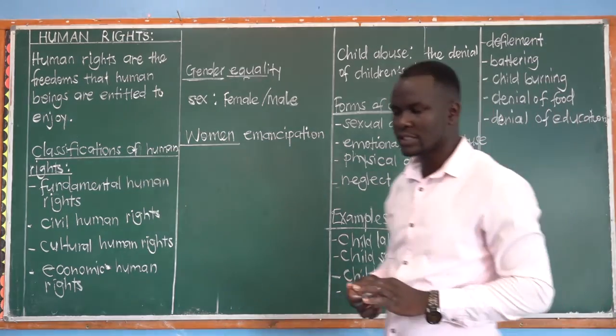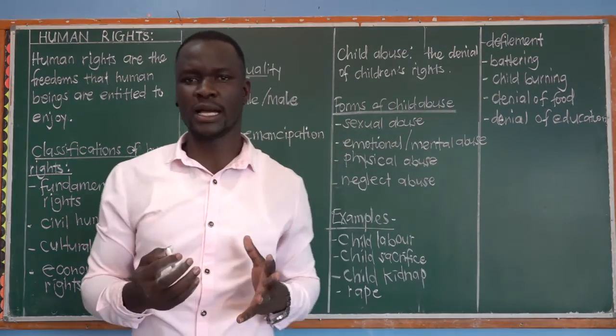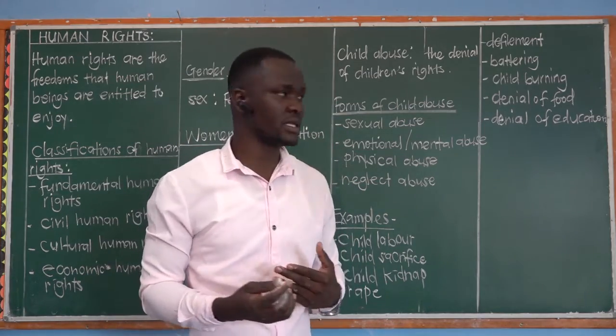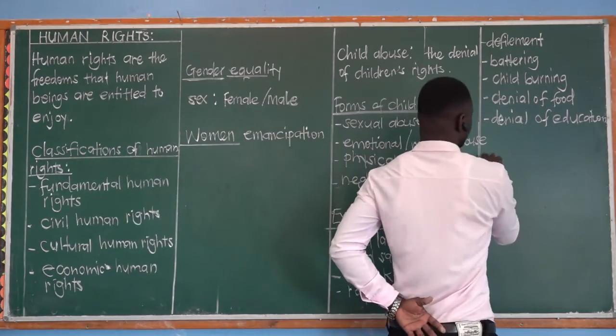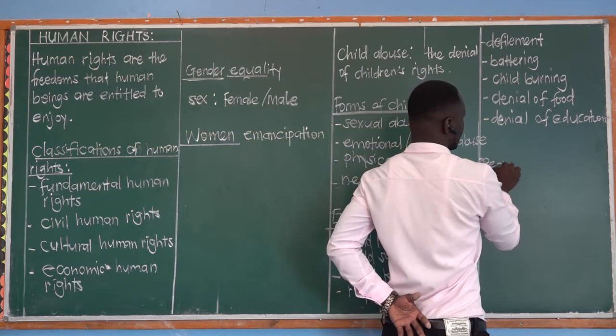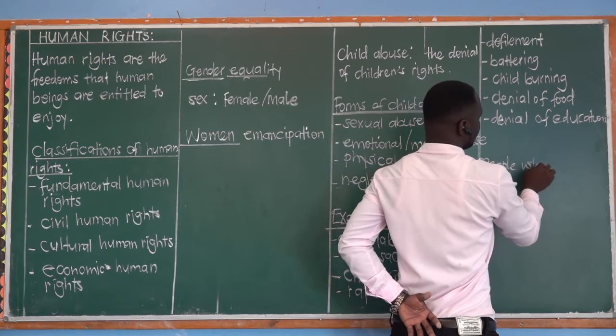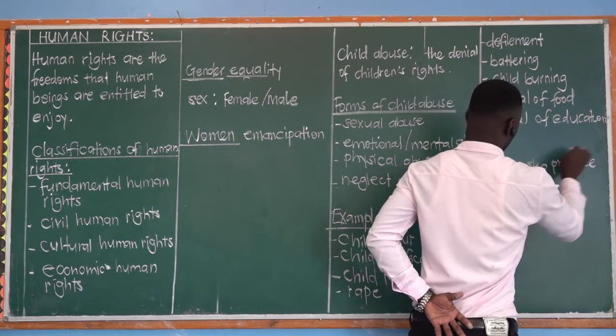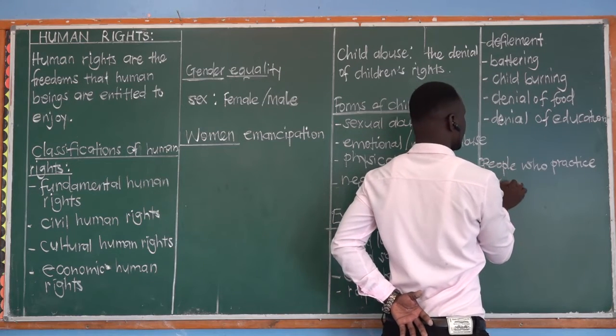So that is about child abuse. The other thing that we shall be looking at is the people who practice child abuse. Let us talk about this. People who practice child abuse.